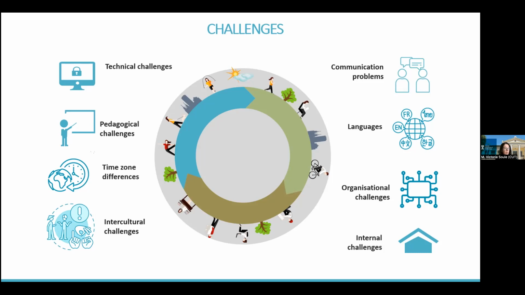We have communication problems, again, particularly for the virtual exchange modality. Each university might rely on different platforms for communication, and this could be a problem. Languages. There could be significant differences in knowledge and English language skills among the students.